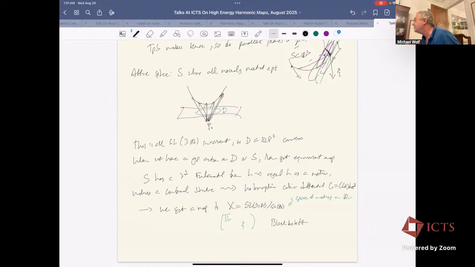And if I've done this right, this is actually a minimal map if we start with an affine sphere. So connected to the affine spheres, we end up with minimal maps to symmetric spaces, to this particular symmetric space.